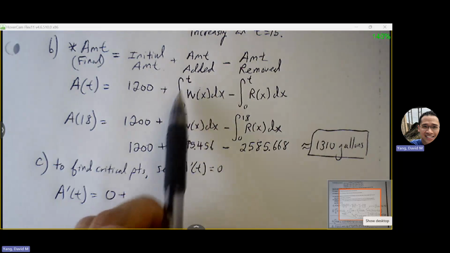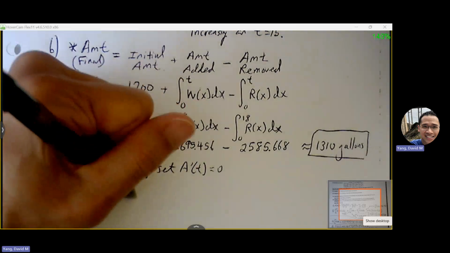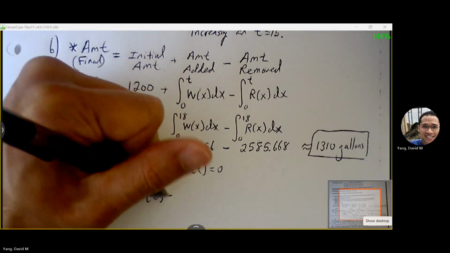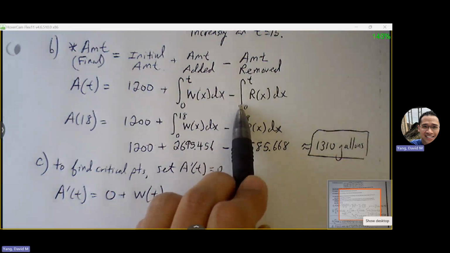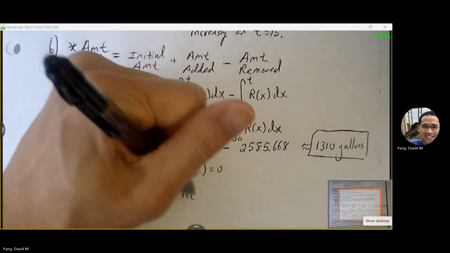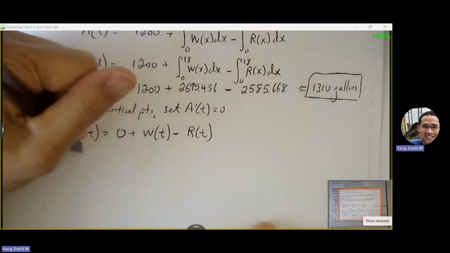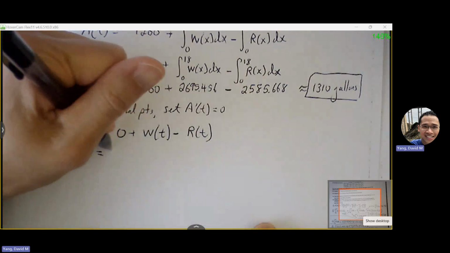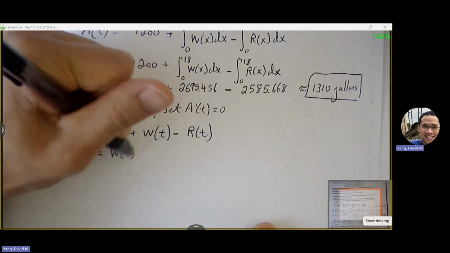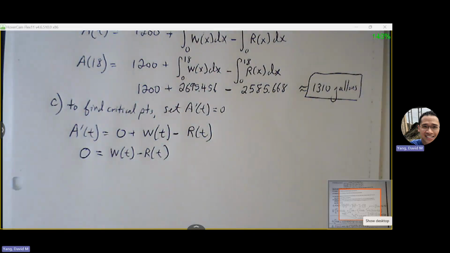We're stripping away the integral and just holding on to that w, putting in that t there. And same thing here, the derivative of this will wipe out the integral. I'm just left with r of t. So I'll set A prime equal to 0. So I'm trying to figure out when is w of t minus r of t equal to 0.